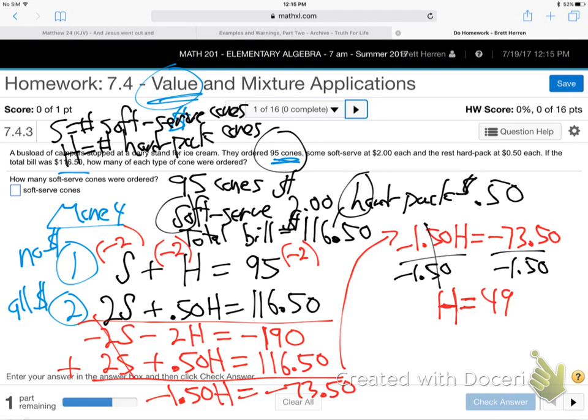Now we got to also figure out how many soft serve. How do we do that? Remember, how many cones are there total? 95 cones total. On all the problems in this section, money and mixture, they're going to give you the total. So it's nice. If you know there's 95 cones total and 49 of them are hard packed, what do you do to find out how many soft serve?